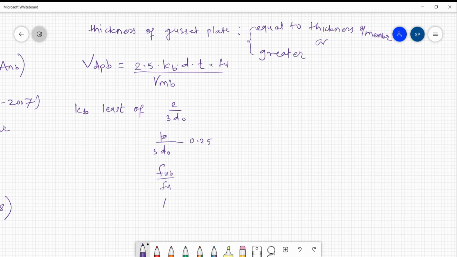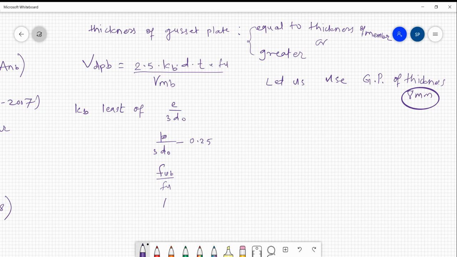So these are the two conditions. Now in this case the thickness of angle section is 8 mm, so we are using ISA 55 by 8, that is the angle section. Now you are using gusset plate either equal thickness or greater thickness, so let us use gusset plate of thickness 8 mm, so this is going to be the thickness of gusset plate, right?